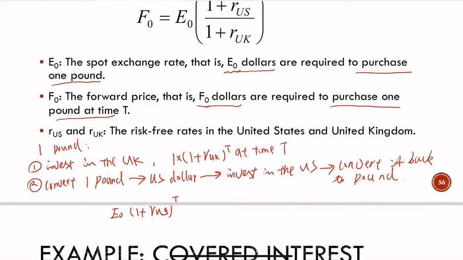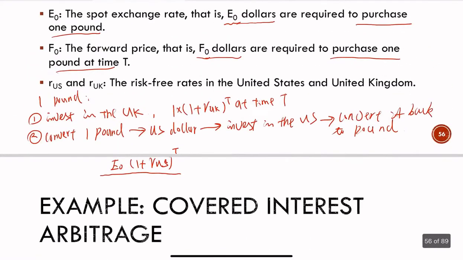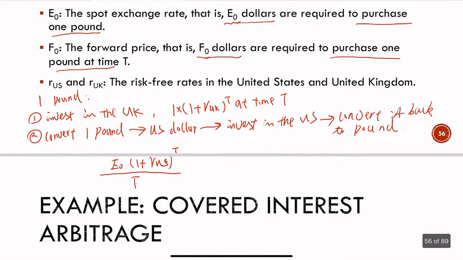So you will want to convert this amount into the UK pound, right? In this case, this is in the future, so you will use this amount and divide it by F0. So this is the amount of pounds you can get at time t, right?